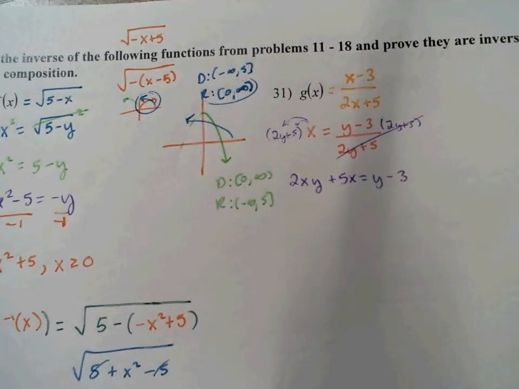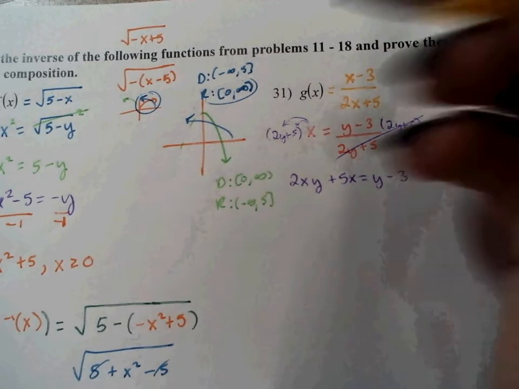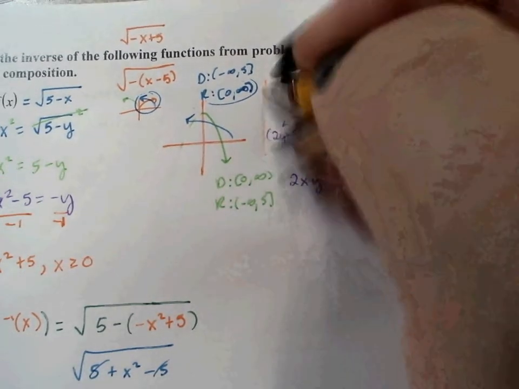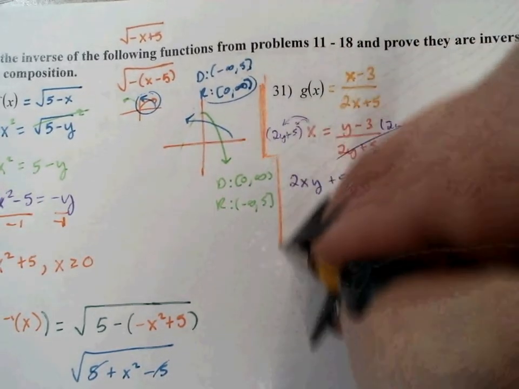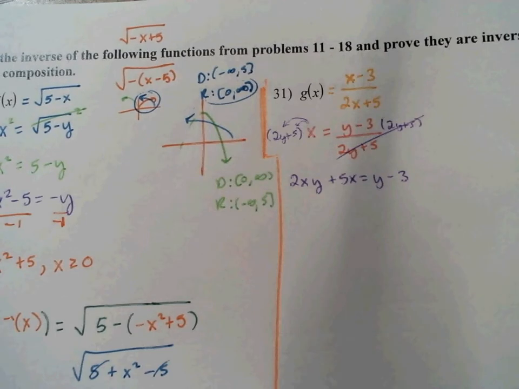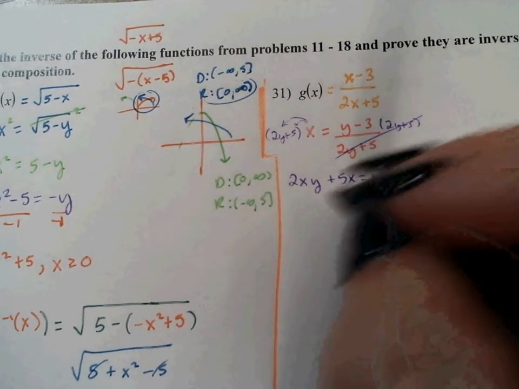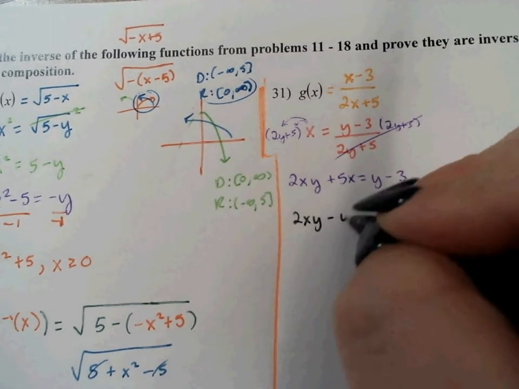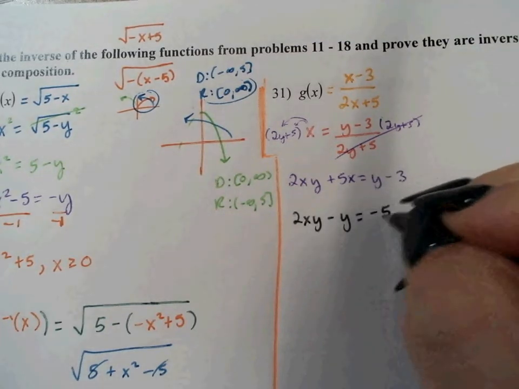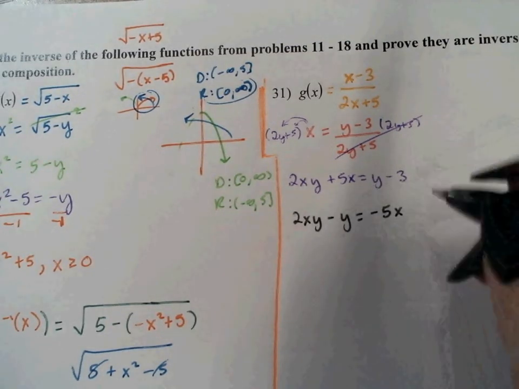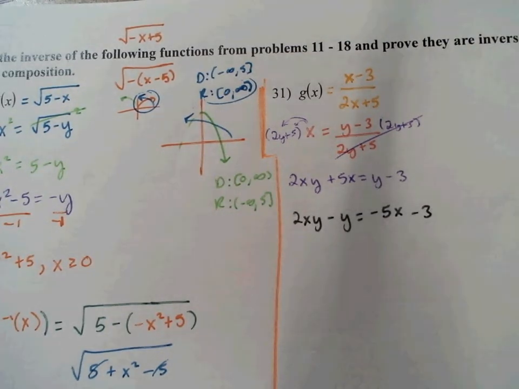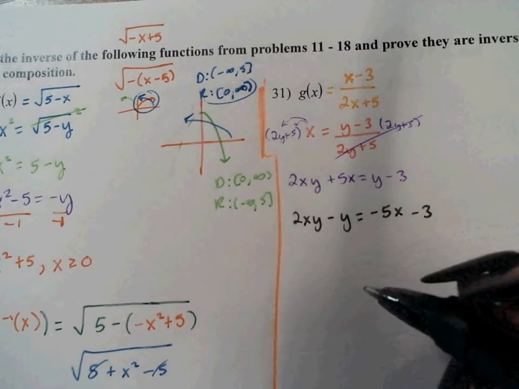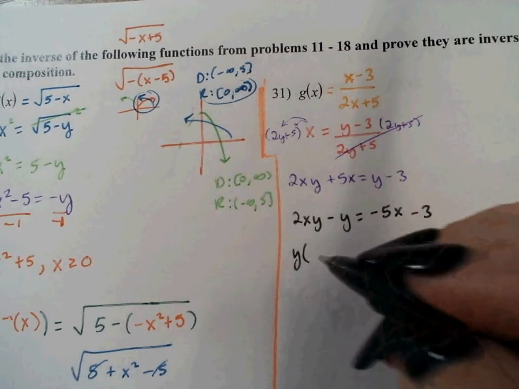We're trying to solve for y, so we're going to want to get all the y's on the same side. So I'm going to move this y over here, 2xy minus y, and I'm going to subtract the 5x over here. I like to put the linear term before the constant, so that's why I put negative 5x minus 3, but if you put negative 3 minus 5x, it's perfectly fine. Then the idea is to factor out the y.